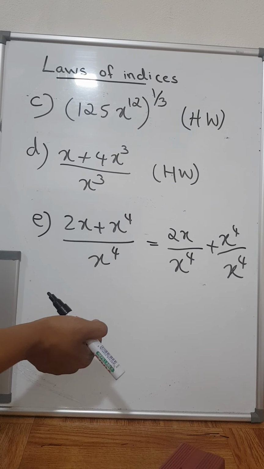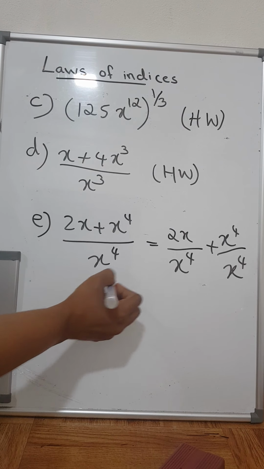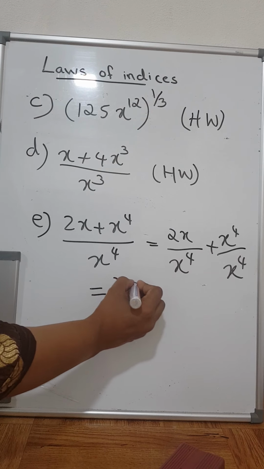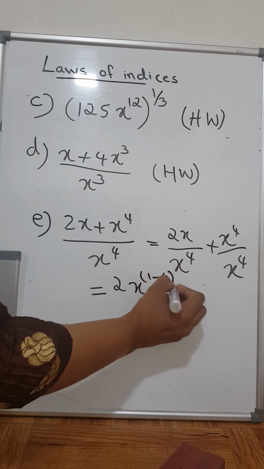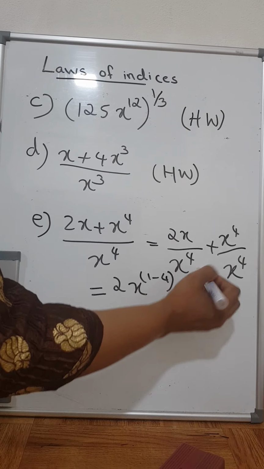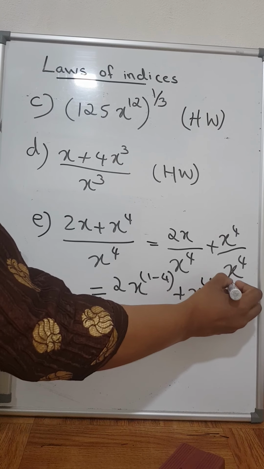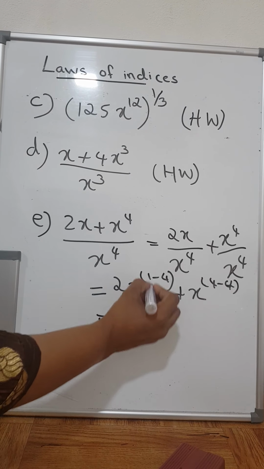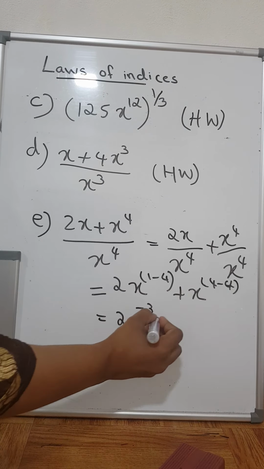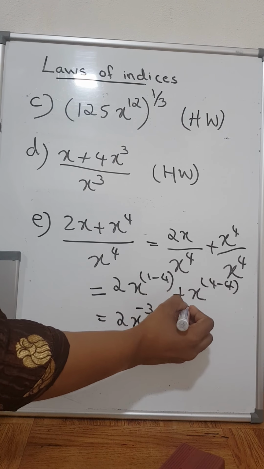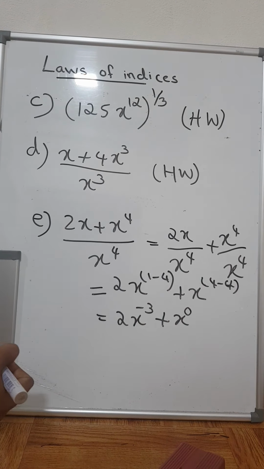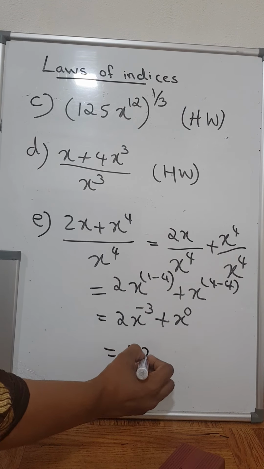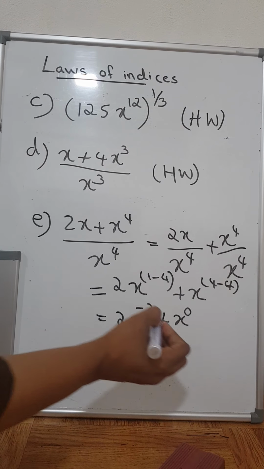See, we can just use the division law here. So 2x means x to the power 1. So x to the power 1 minus 4 plus x to the power 4 minus 4. So this becomes 2x to the power 1 minus 4 is minus 3, plus 4 minus 4 is 0. So 2x to the power minus 3 plus x to the power 0. That is 2x to the power minus 3 plus 1.